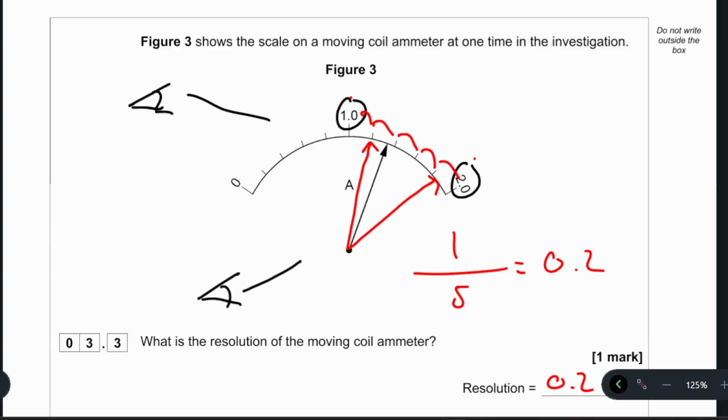Obviously we're exaggerating, but essentially this is called parallax error, where in analog instruments, the reading you take is affected by where you take it from, your eyesight, what level your eyes are at. So you're meant to take it from eye level, bring your eye down level with the instrument and take the reading like that. That's what we call parallax error if you take it at an angle.